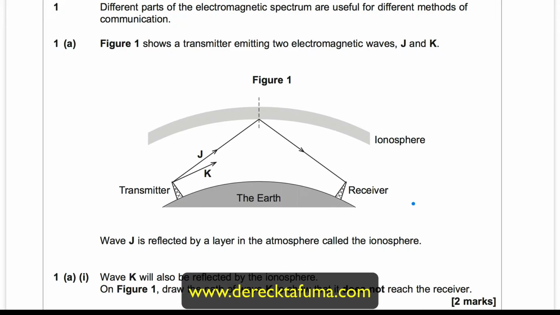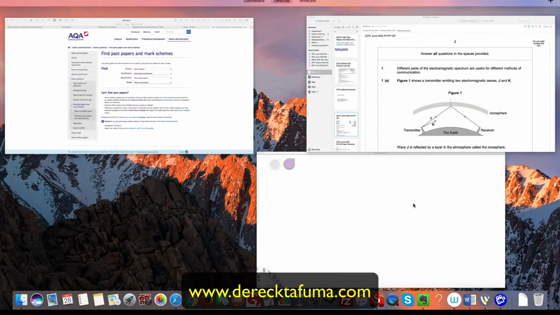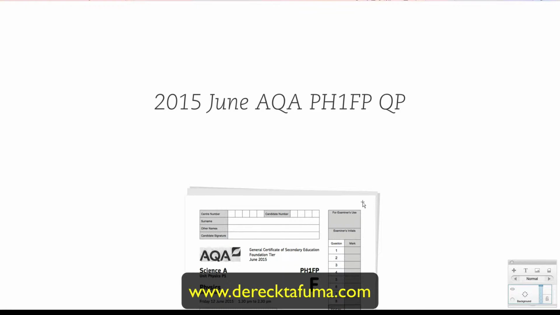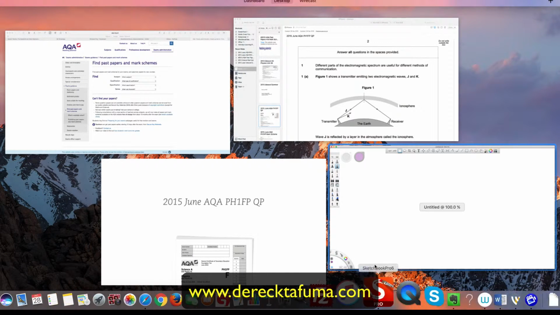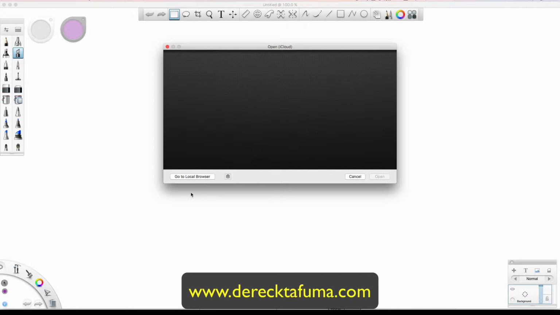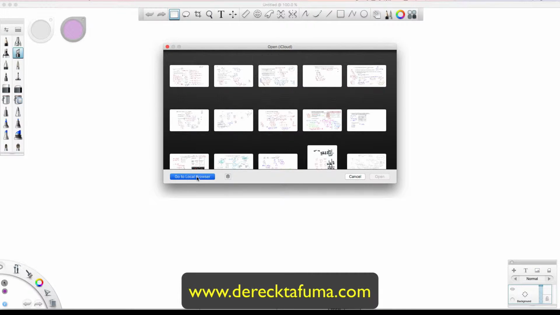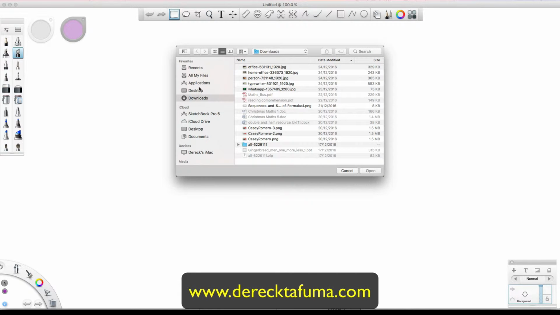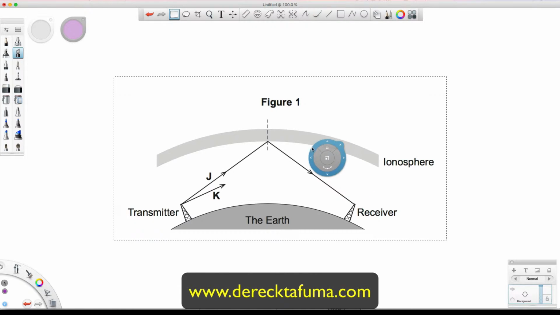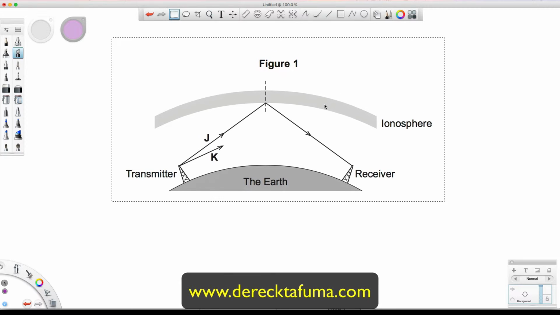So that's been copied to my desktop, and then I will go onto Sketchbook Pro, and I've already opened a page in Sketchbook Pro, so I'm going to import that image. Go to my browser, go to desktop, look for the latest one, open it, and there it is. So let's put it maybe there.